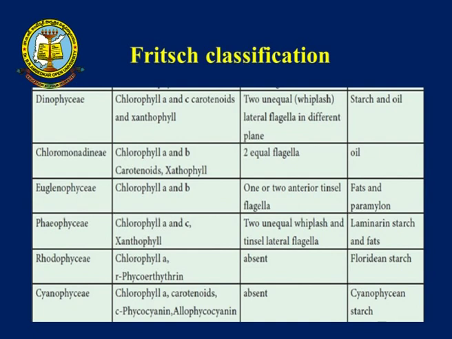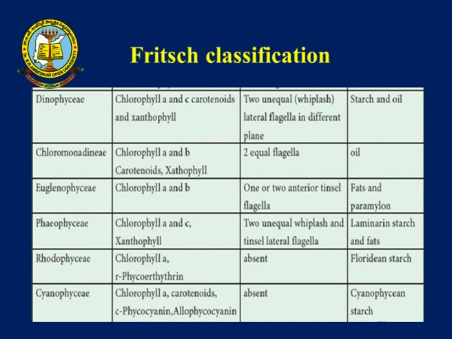Reserve food material: starch and oils. Chloromonadineae: chlorophyll A and B, carotenoids and xanthophylls, two equal flagella present, and reserve food material oil.